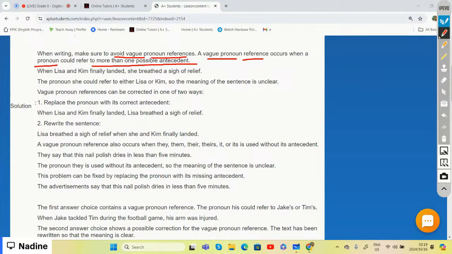Which means that if it's not specific, then that is a vague pronoun reference. And a vague pronoun reference can be corrected in two ways: either, number one, replacing the pronoun with the correct antecedent, or number two, rewriting the sentence.